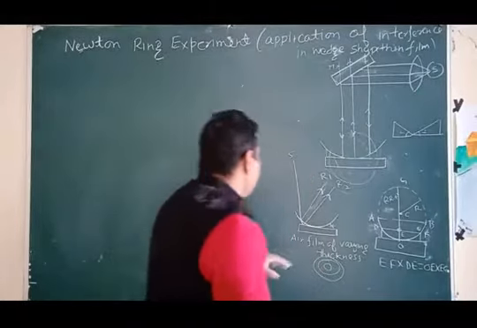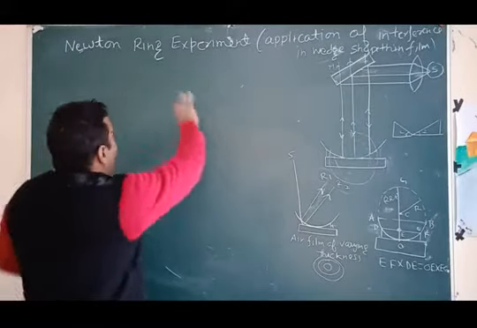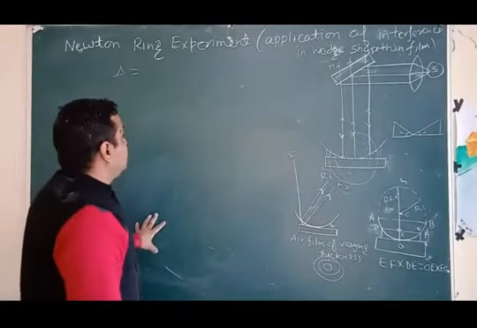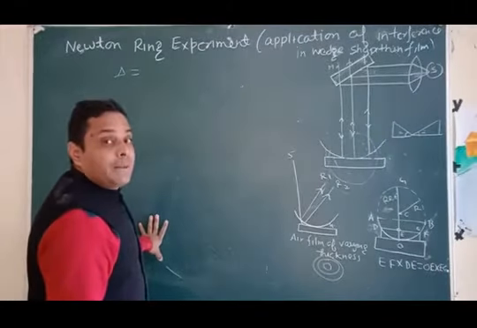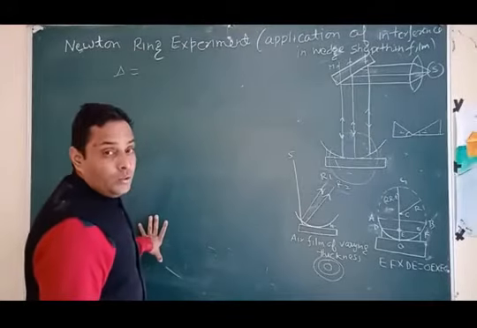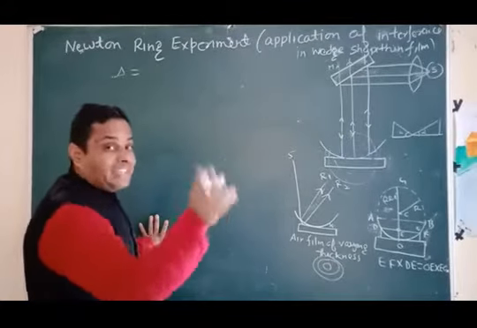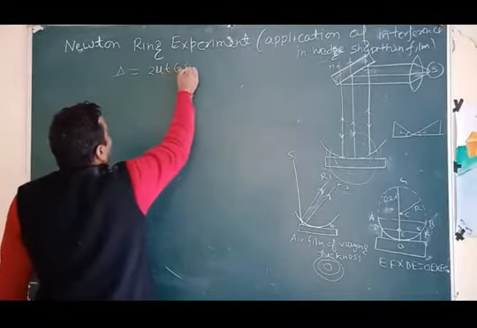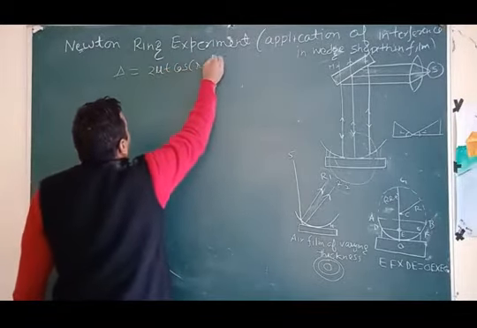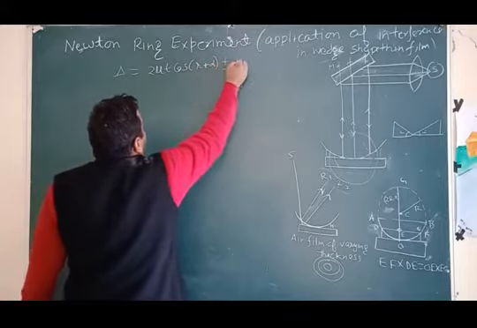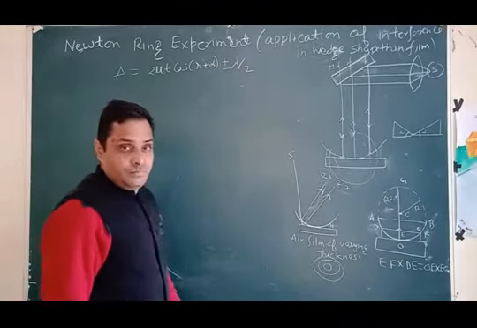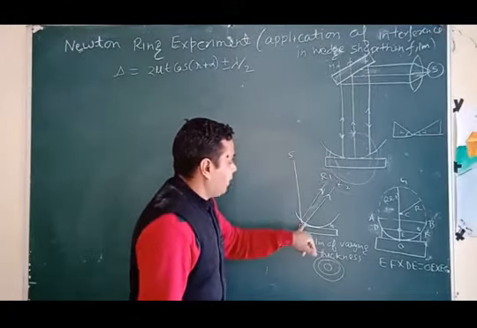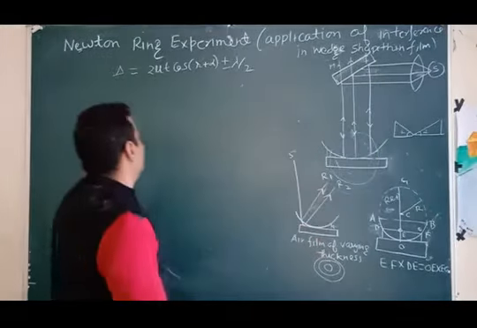Now we have seen that the path difference between the two rays R1 and R2 from the wedge-shaped film is 2 mu t cos(r + alpha) plus minus lambda by 2, the extra path difference because the light is reflected from the denser medium.